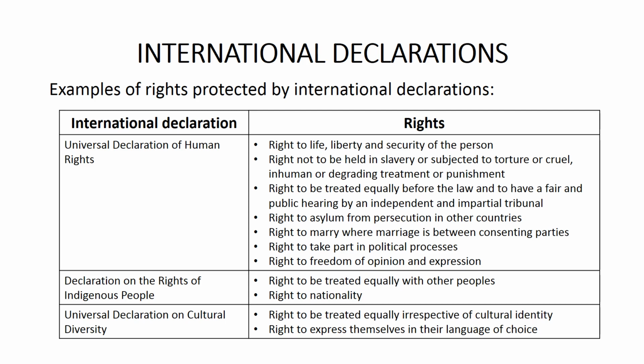And finally, we have the Universal Declaration on Cultural Diversity, which contains the right for people to be treated equally, irrespective of their cultural identity, and the right of people to be able to express themselves in their language of choice. That is, not to have a particular language forced upon them as the language which they must always use.